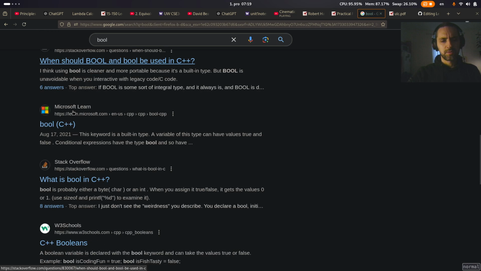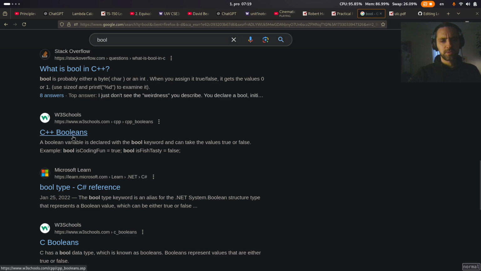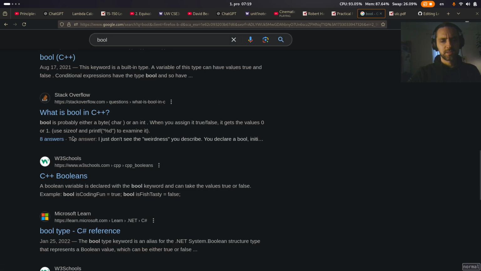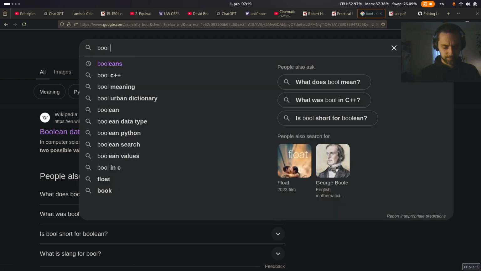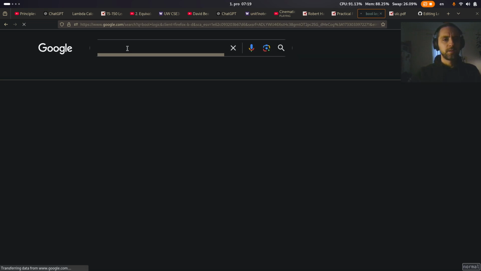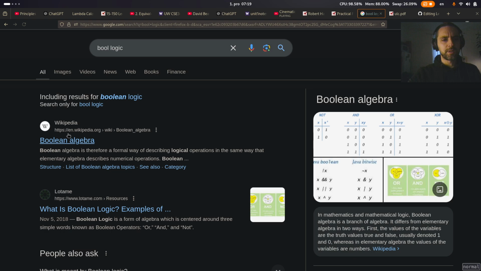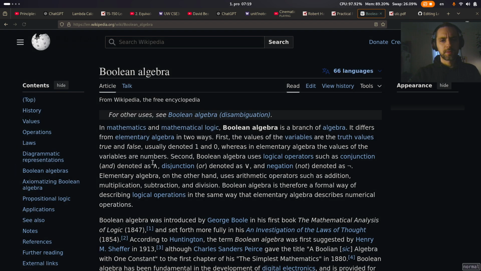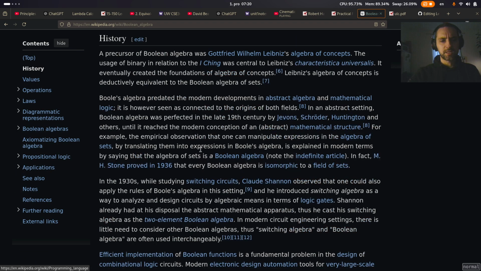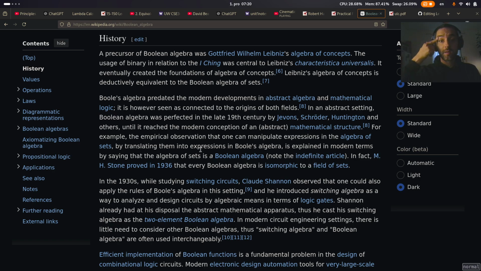Bool. C++ Booleans. It's funny. How do you go, like, logic? Maybe Boolean logic, Boolean algebra. Yeah, I'll read this actually. Look at this.